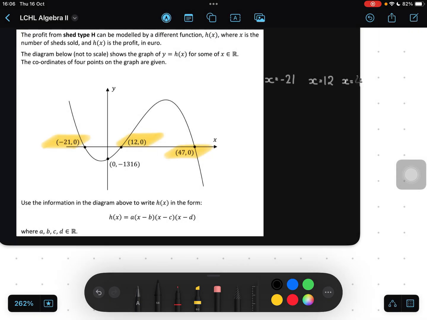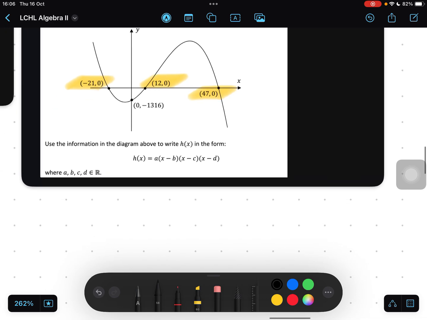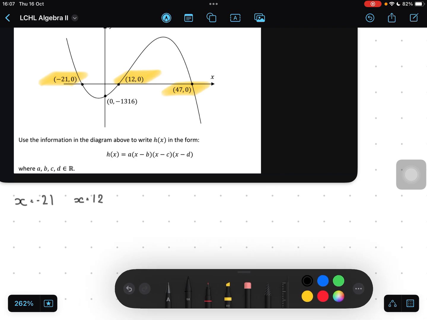I'm just going to write it all out underneath, ignoring everything at the top so that I have space to write it clearly. So x is minus 21, x is 12. They're my roots, the places it cuts the x-axis.